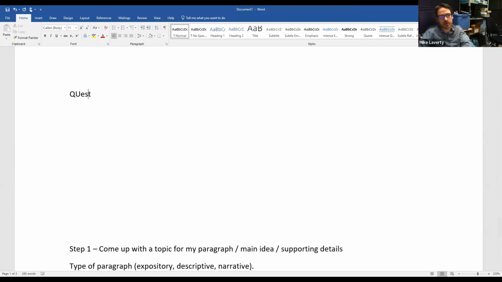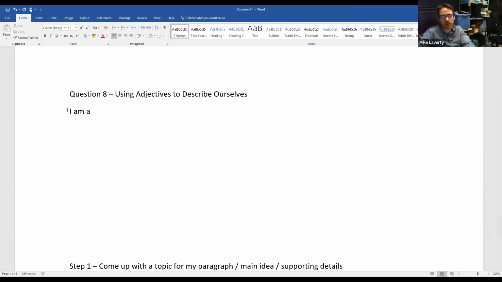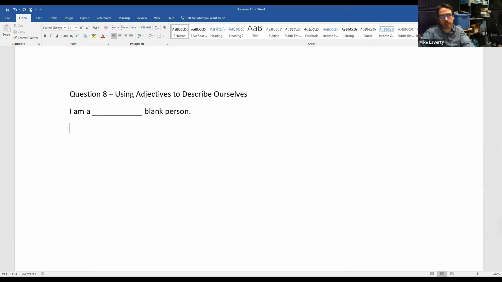So for question 8, we are using adjectives to describe ourselves. So I am a blank person, so you could do hair color. It depends on what you're comfortable doing, right? Your hair color, your height.